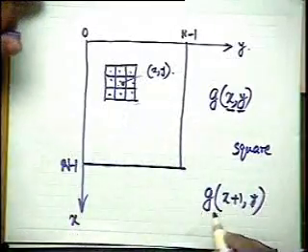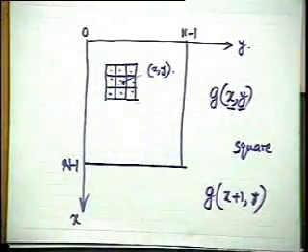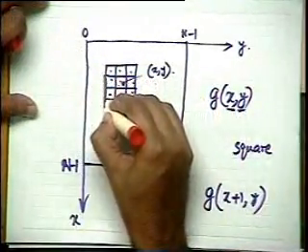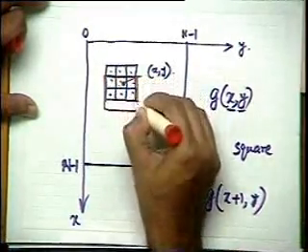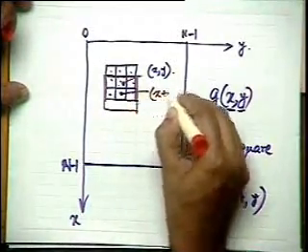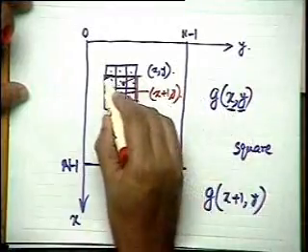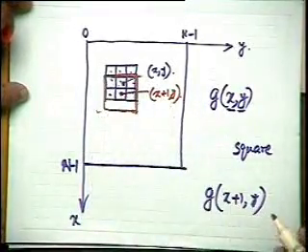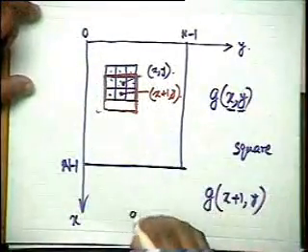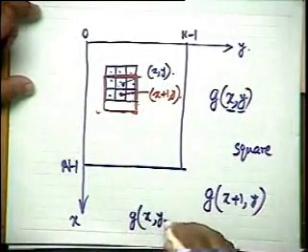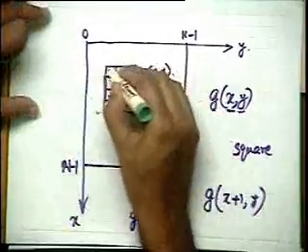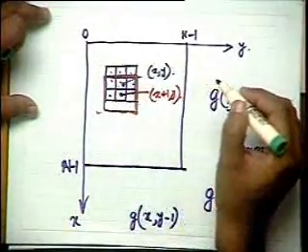If I want g of (x+1, y), then instead of picking up the sub-image over here, I should relocate it somewhere over here, so that its center becomes the point (x+1, y). Similarly, if I want the intensity value at g of (x, y-1), what should I do?